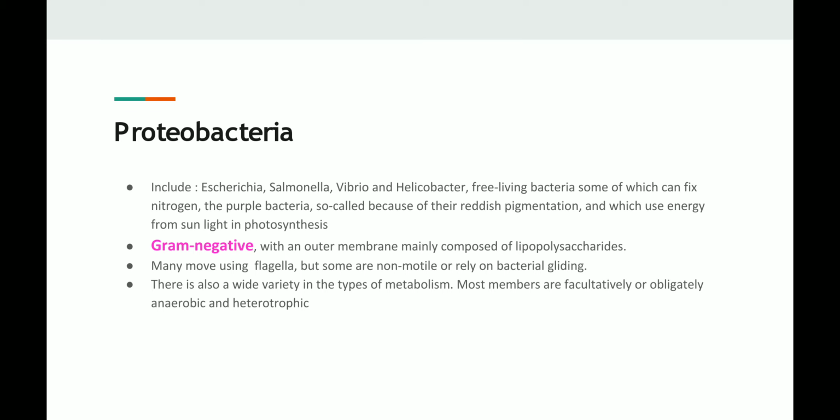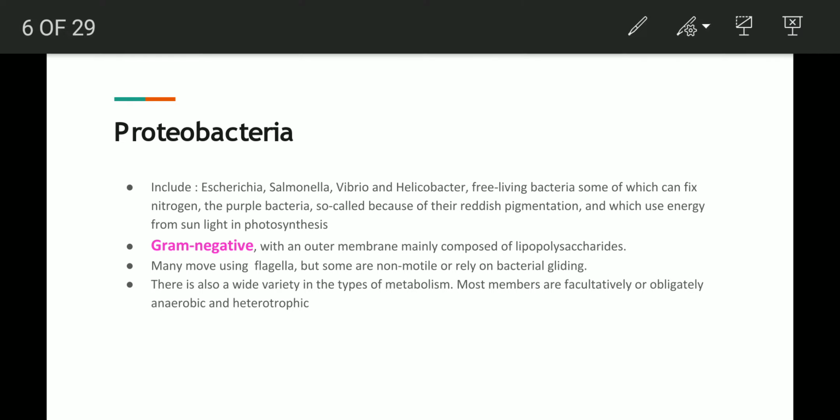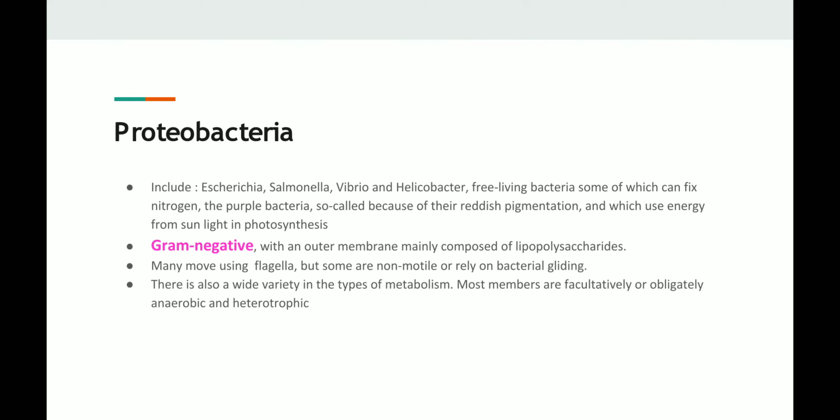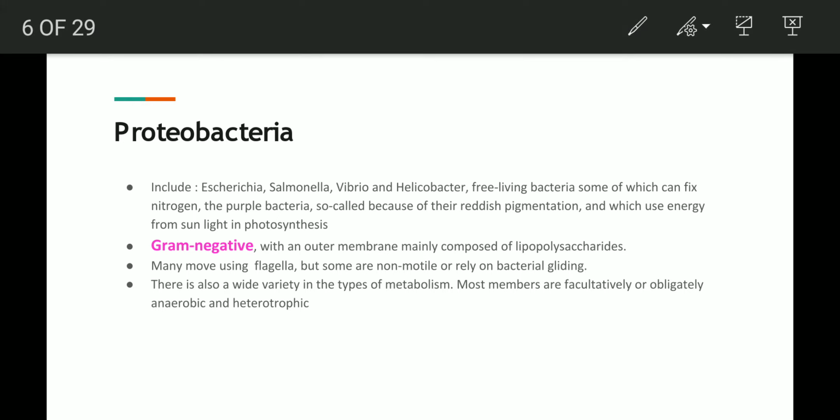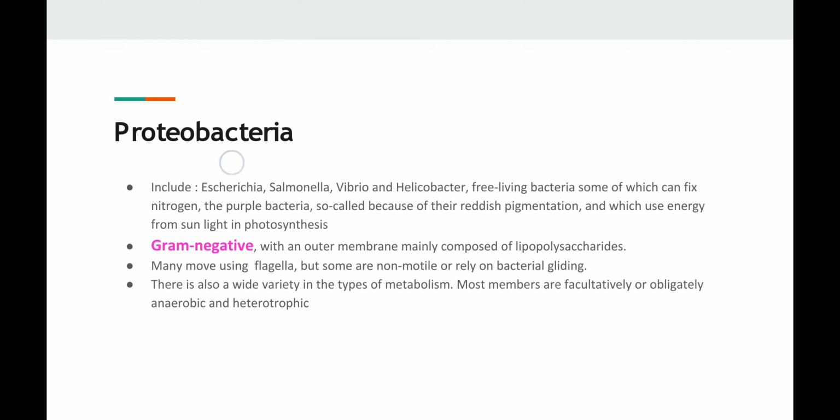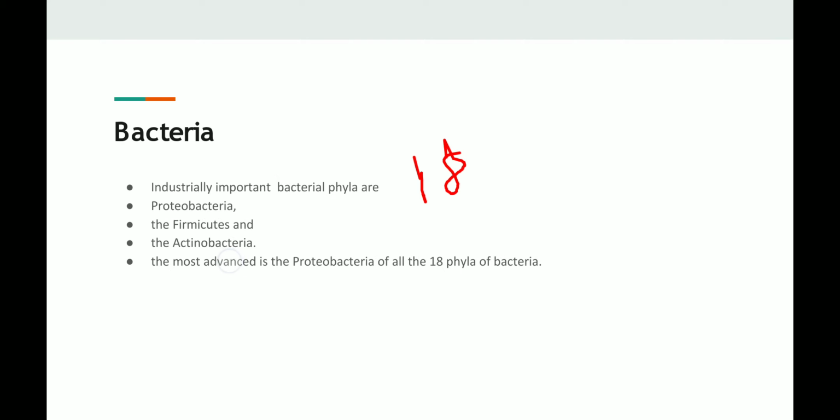Then they also have other free living bacteria which can fix nitrogen, or the purple bacteria which have a reddish pigment in them which is used for production of energy from the sunlight, that is the process of photosynthesis. All the Proteobacteria are gram-negative bacteria.